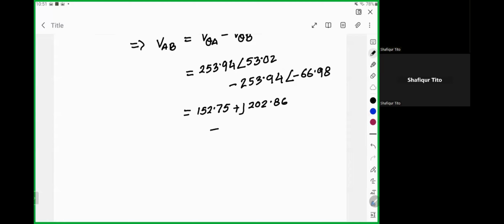So let's write this minus sign, and then inside we can write down what is the conversion. What is the value? Second value.